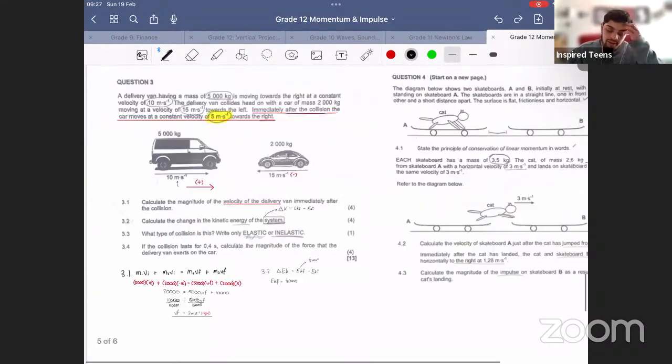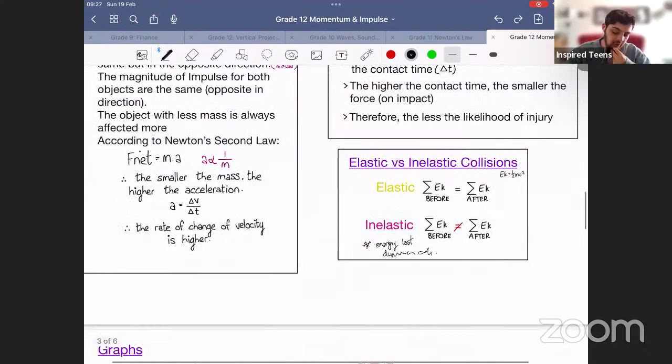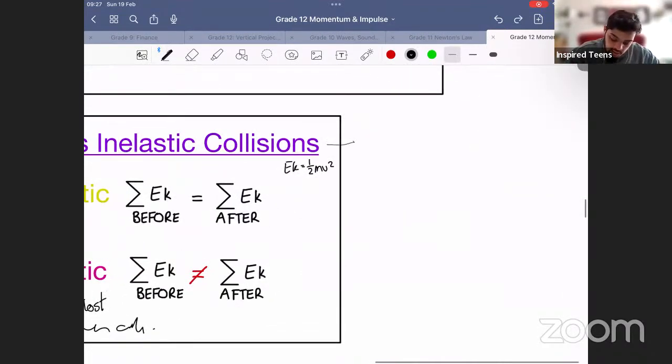One thing you need to note is that for elastic and inelastic collisions, energy is not a vector quantity, it's a scalar quantity. So we don't consider negative.